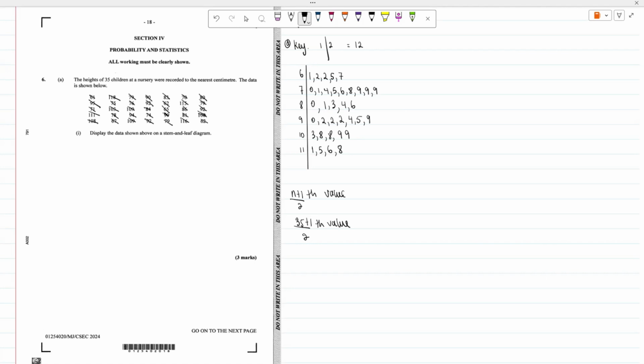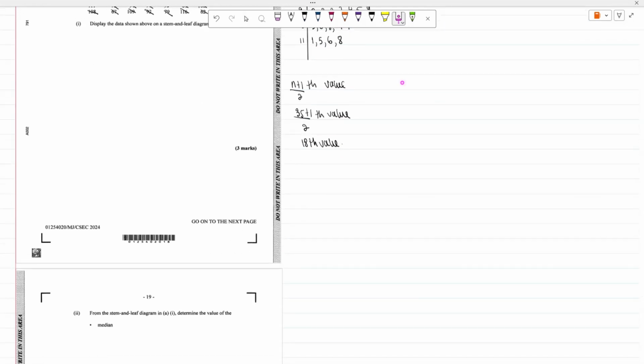That is 18, my 18th value. So I have to count to my 18th value. 1, 2, 3, 4, 5, 6, 7, 8, 9, 10, 11, 12, 13, 14, 15, 16, 17, 18. And my 18th value, Q2, is equal to 84. This is Q2.